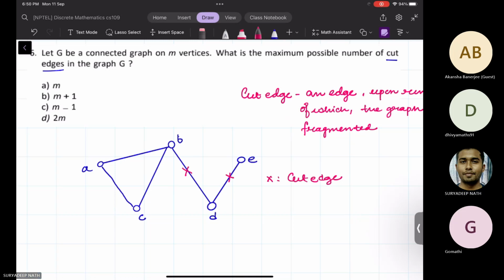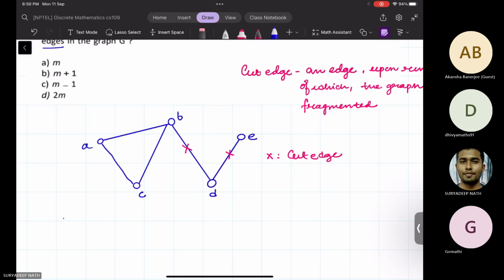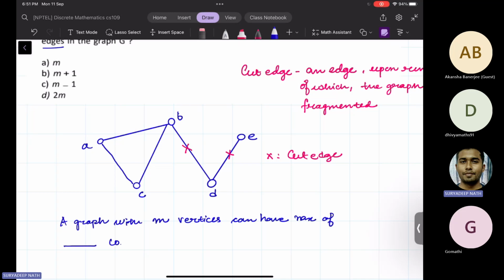So first let us solve it part by part. A graph with m vertices can have a maximum of how many components?